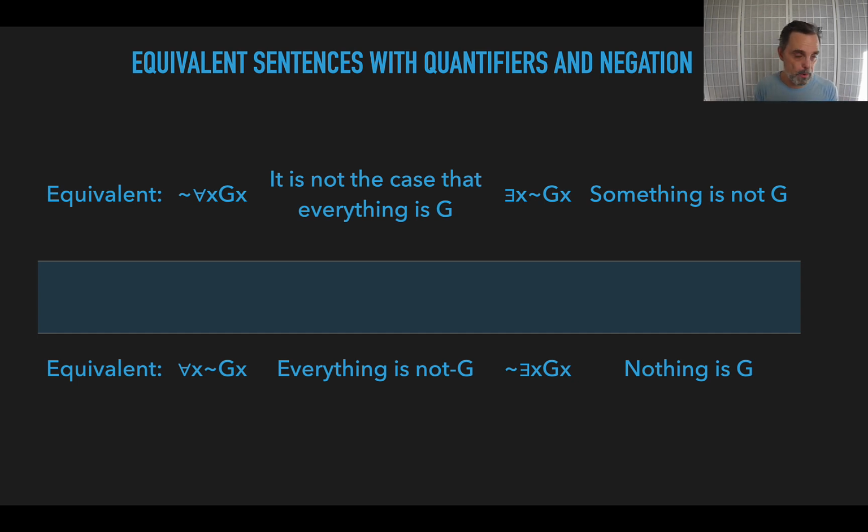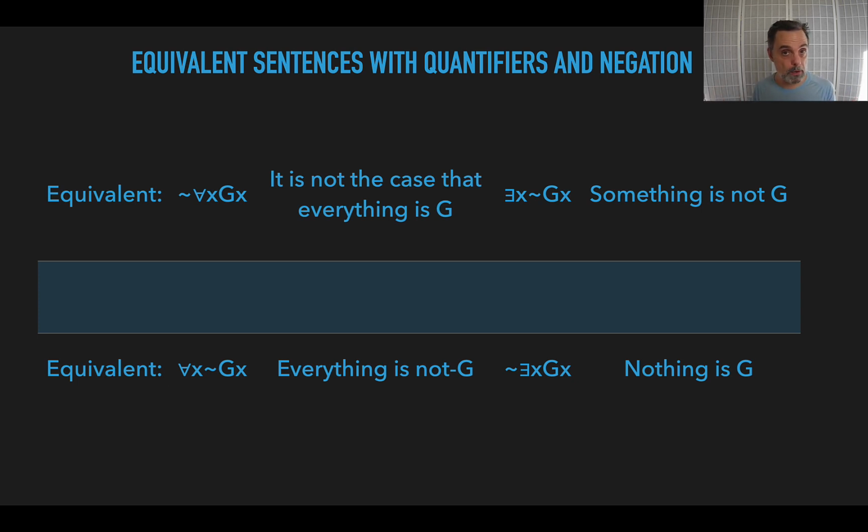On the bottom, we have stronger statements that are also equivalent to each other. The one on the left says everything is non-green. So everything, whatever color it is, not green. The one on the right says absolutely nothing is green. So those also agree. If everything is green, they're both false.